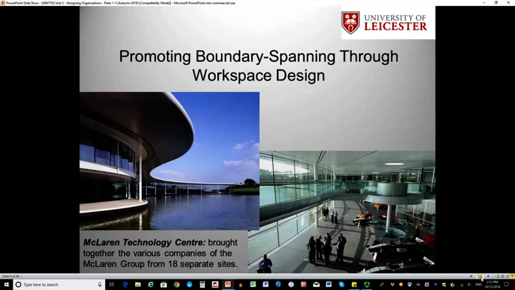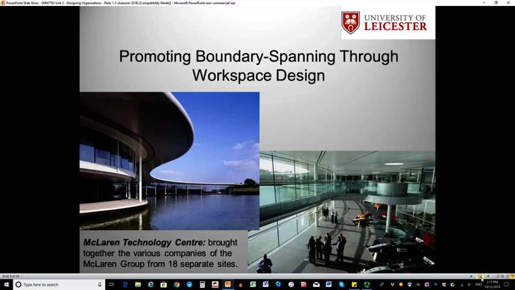It used to be based in 18 different sites. And those different locations, although they were fairly close to each other, were nevertheless geographically separated by a certain amount of physical distance. Now, McLaren did something a few years ago to try and bring together all these different sites, and it produced a rather nice campus, if you like.